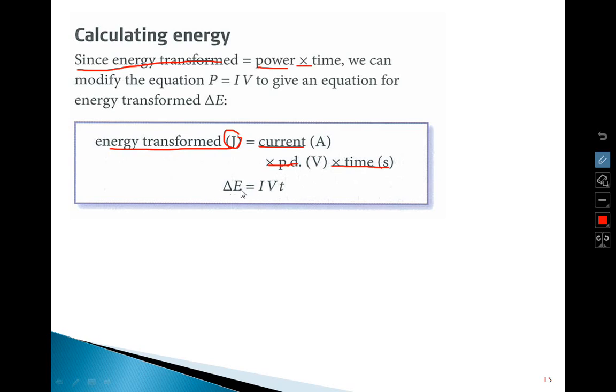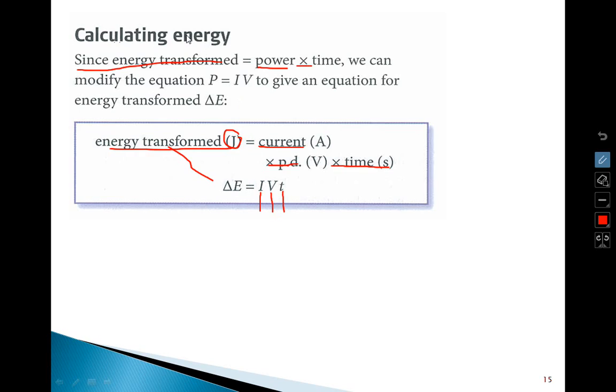So delta E, the value of energy transformed, is equal to I, current, times V, voltage, times T.